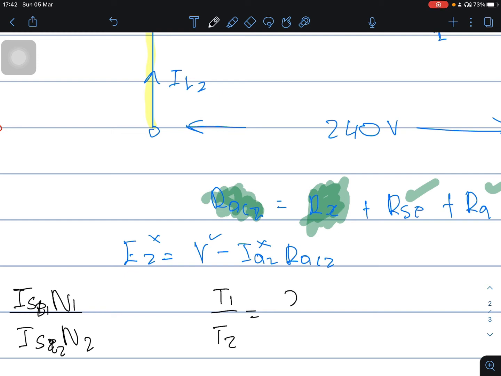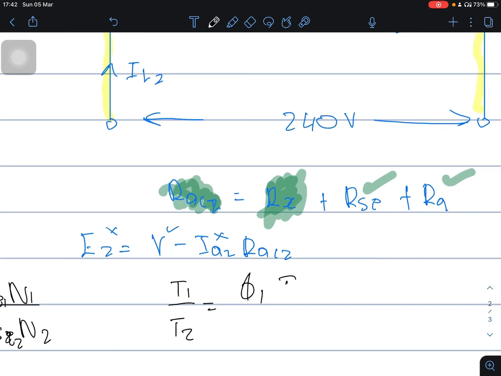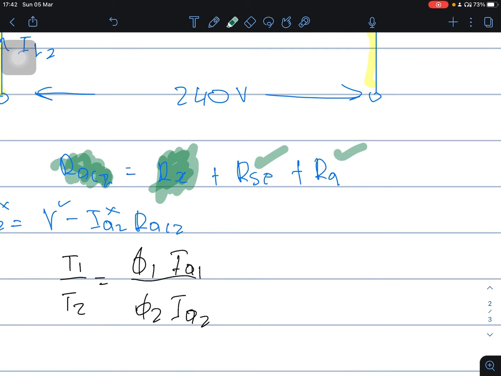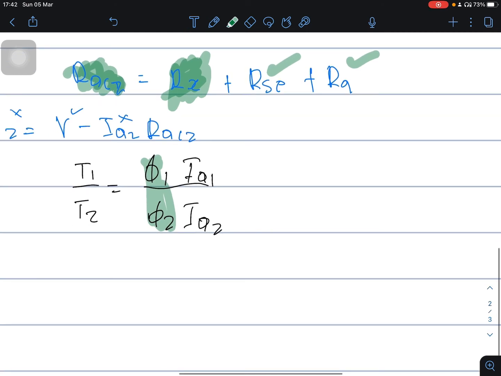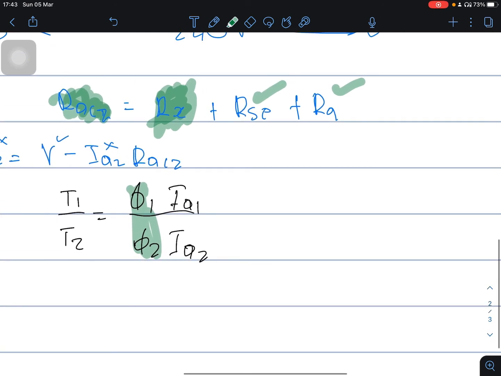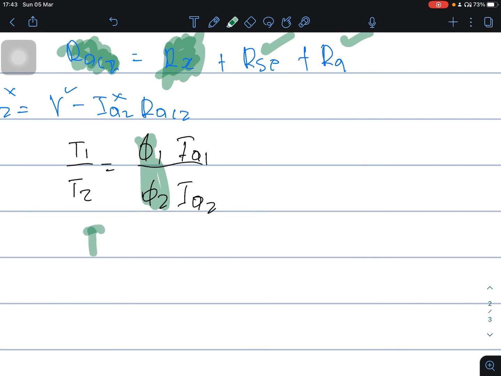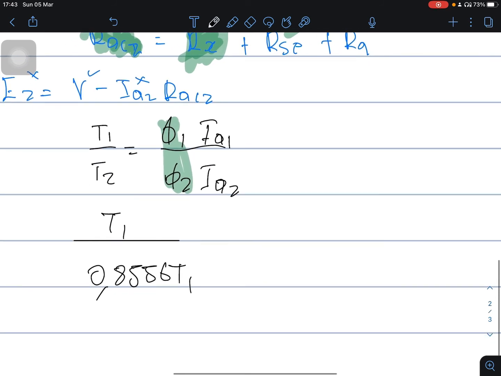is equal to flux 1 I armature 1 over flux 2 I armature 2, which I have explained, but in place of field strength we put a field current. So we can say T1 over 0.8556 T1, and we have expressed T2 in terms of T1.